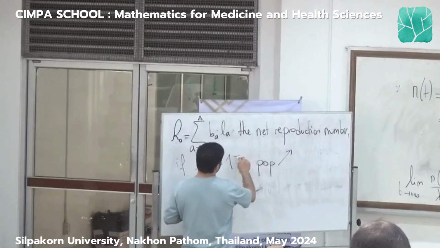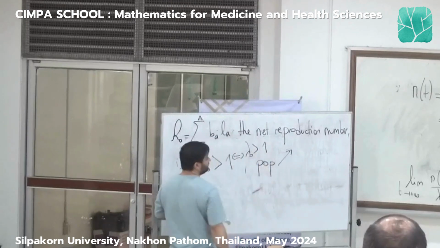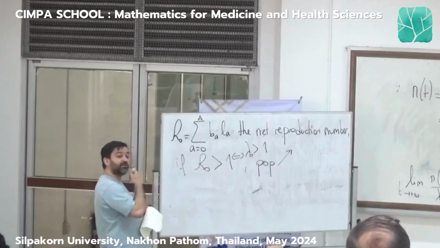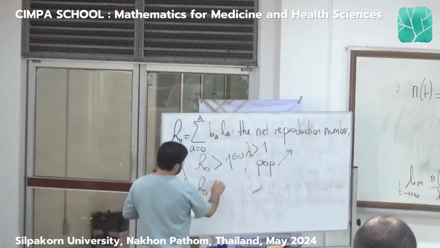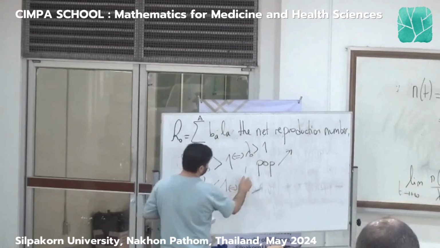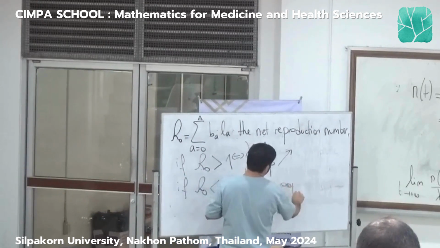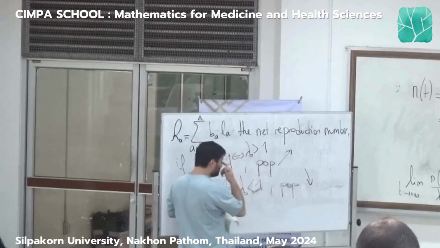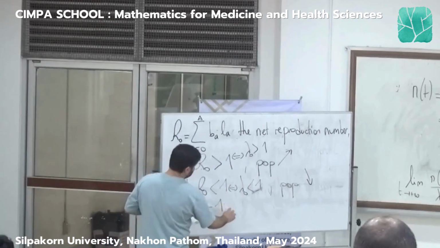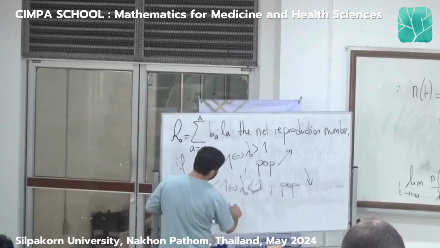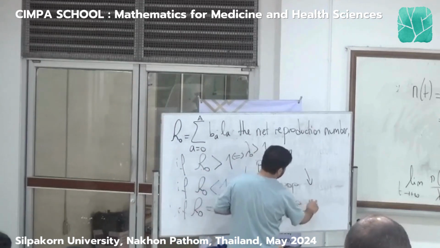This is equivalent to say that the eigenvalue from the 0 is greater than 1. If R0 is smaller than 1, it is equivalent to say that the eigenvalue is smaller than 1, the population is decreasing. And if R0 is equal to 1, it is also equivalent to the eigenvalue equal to 1, the population is stable.